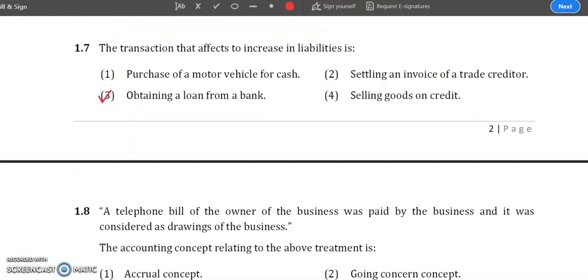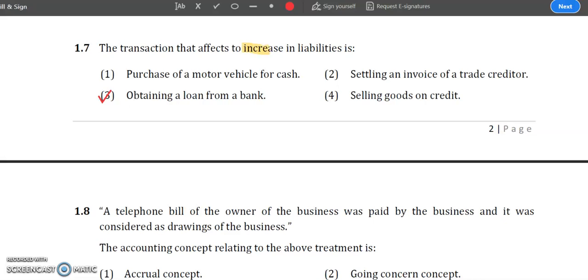Question number 1.7. The transaction that increases liabilities. The first, purchase of a motor vehicle for cash. It will not affect liabilities. It will affect assets. And settling the invoice of a trade creditor. Now it will affect liabilities, but it will not increase liabilities.